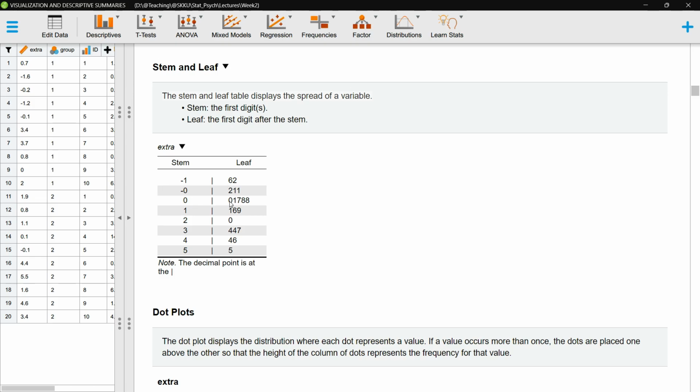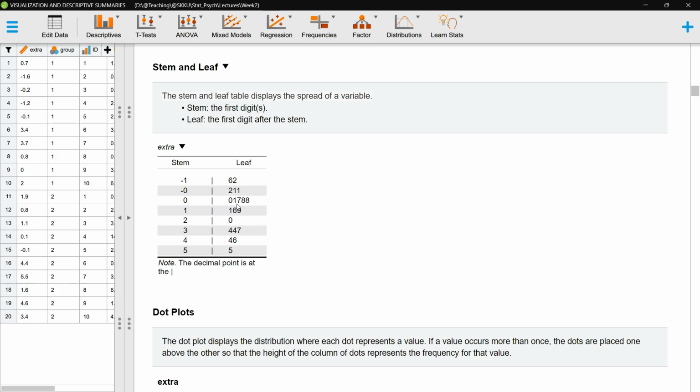For the next one, let's look at the third row. We have the stem of 0 and the leaves 0, 1, 7, 8, 8. So we have 0.0, a single value, which means 0. The leaf 1 represents 0.1, a single one.